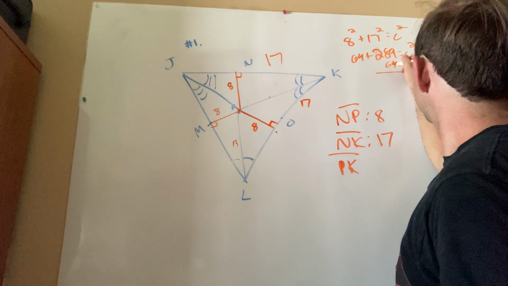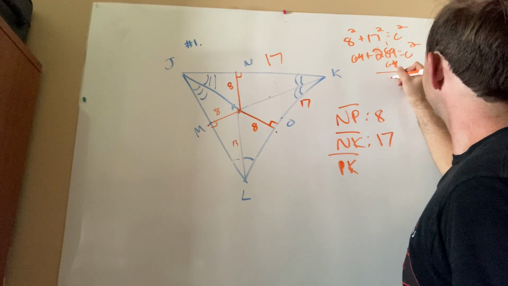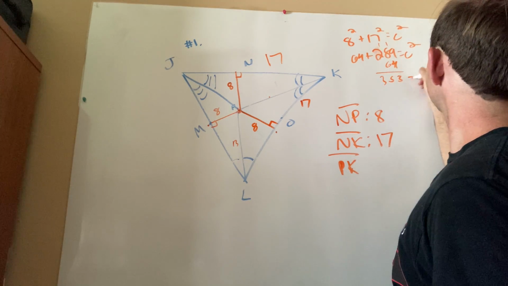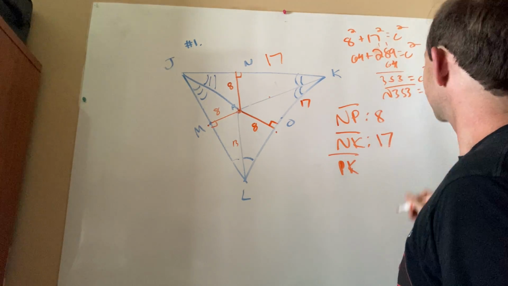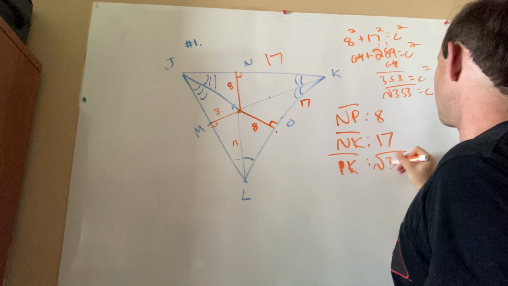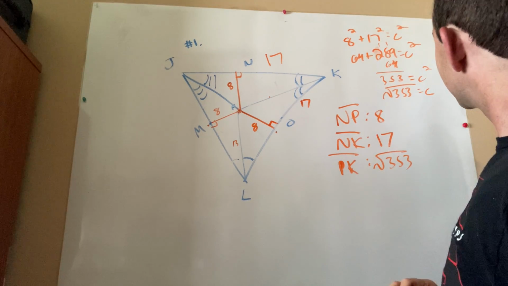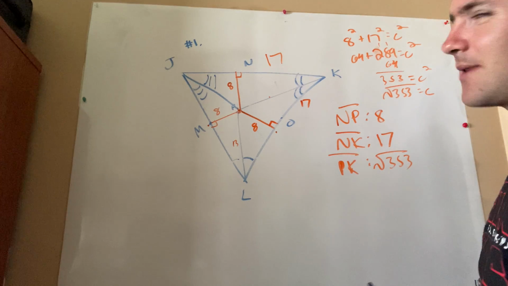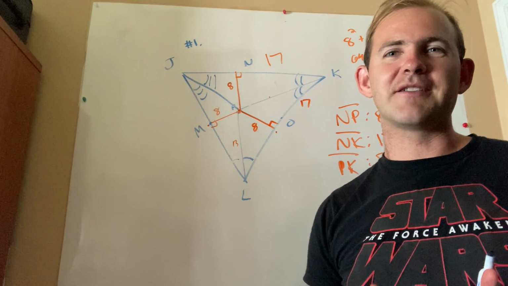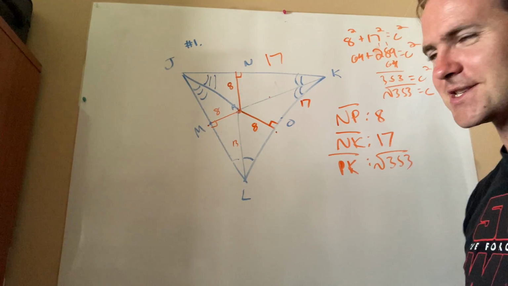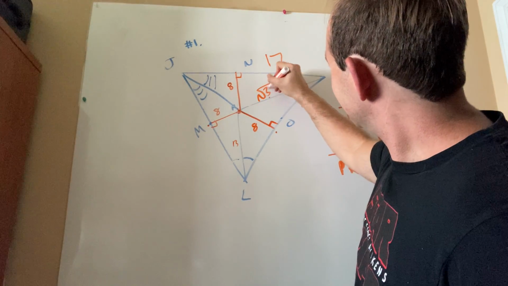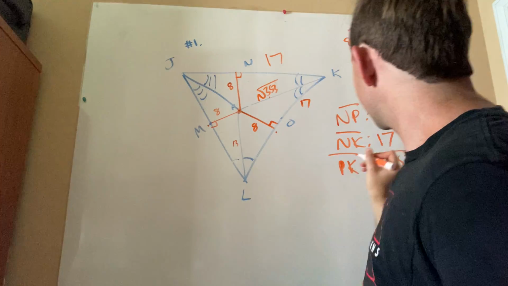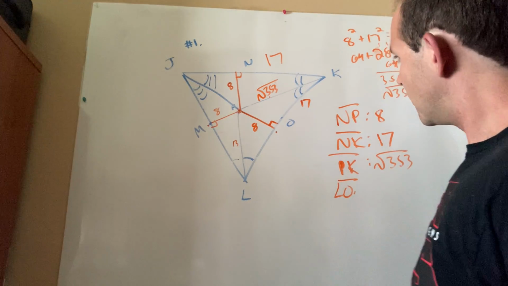Hold on. 9, 5, 1. All right, so 353 equals c squared, and rad 353 equals c. All right, so I'm gonna be honest with you, I have no idea if that can actually be simplified. Okay, so I'm just gonna assume we're gonna leave it right now because we have more important things to do. So this right here is rad 353.